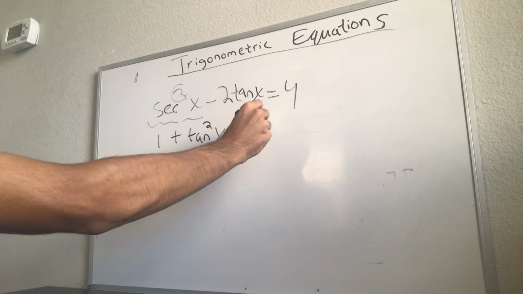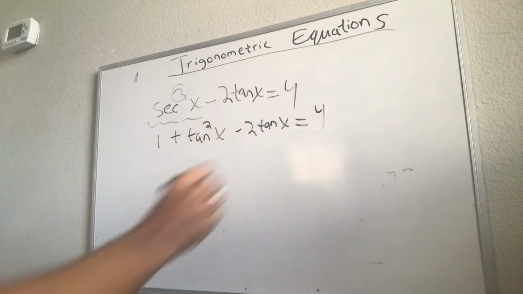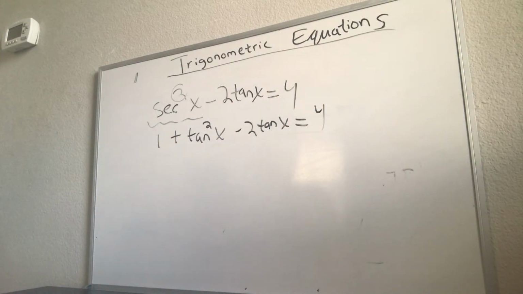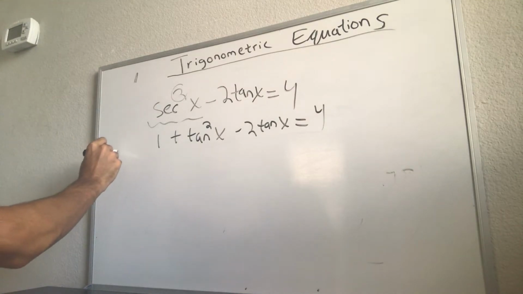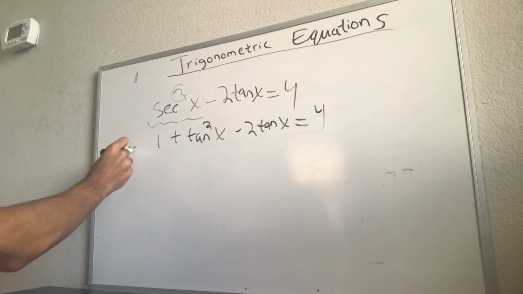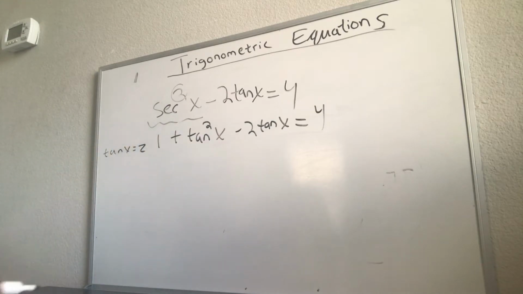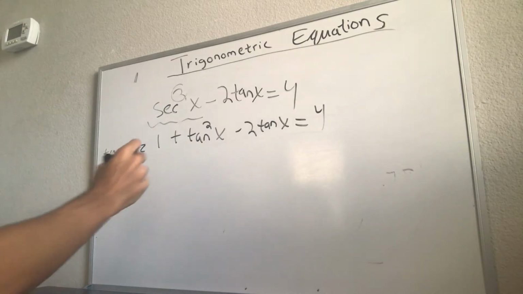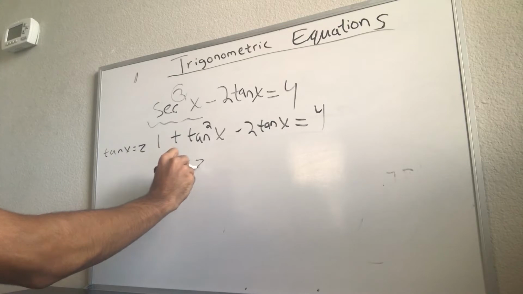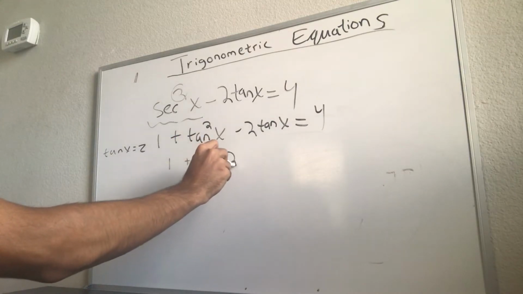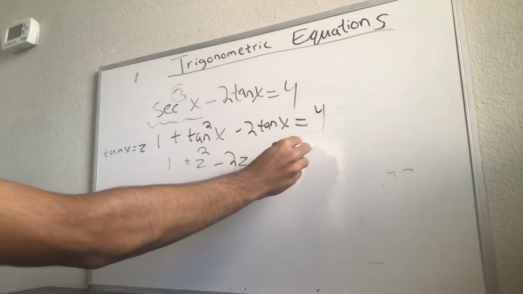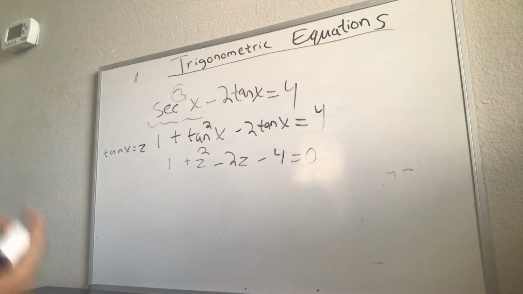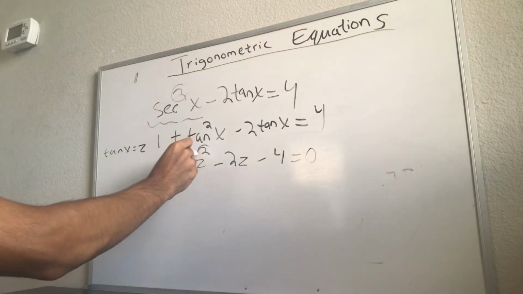Minus 2 tangent x is equal to 4. I know it doesn't make sense if we say tangent of x is equal to x, but in our minds we can assume that tangent of x is something, say it's z. So if tangent of x is z, it will make sense to say 1 plus z squared minus 2z is equal to 4, but you can move the 4 here, so minus 4 is equal to 0, really bringing this into the quadratic form because we have the degree 2 here.